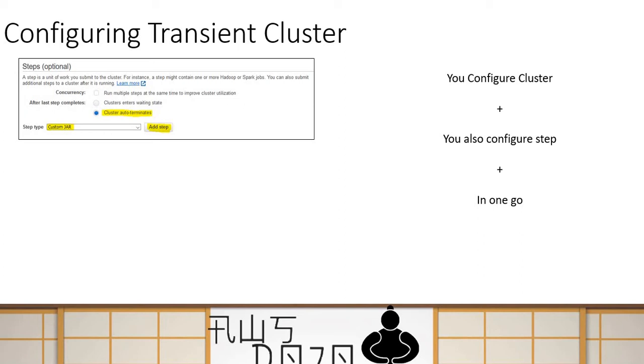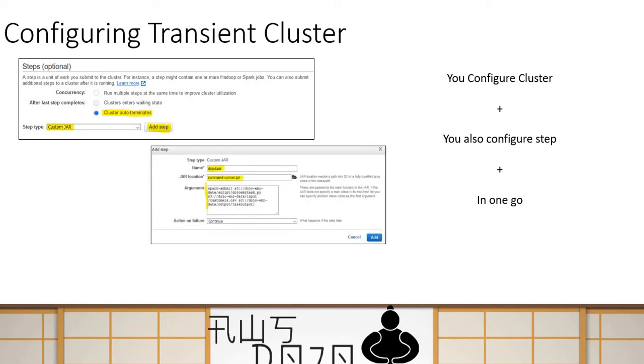Then you add steps. In fact, you can add more than one step. I'm just showing you one sample step here, which is running a spark-submit command to run a Python job uploaded to an S3 bucket.